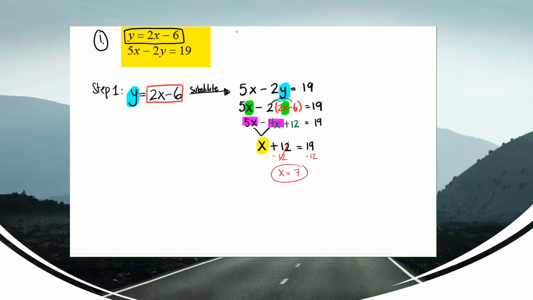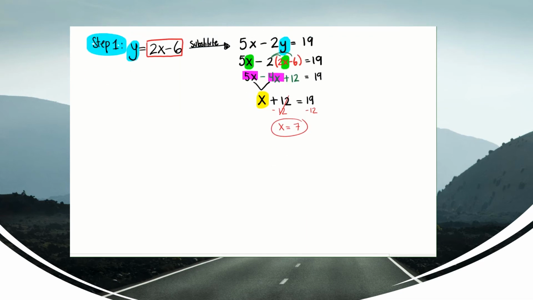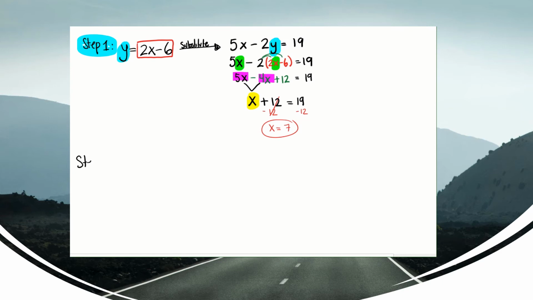But notice how our equations, like I said, have two variables. So in the second step that we're going to do here, we're going to find the value for the remaining variable, which is y. So since we know the value for one of those variables, which is x, we're just going to grab that value and plug it into any of the two equations.